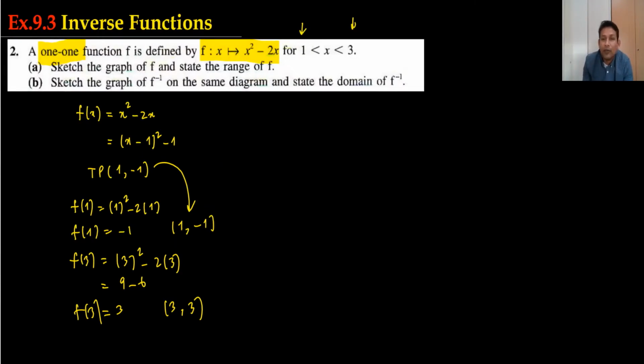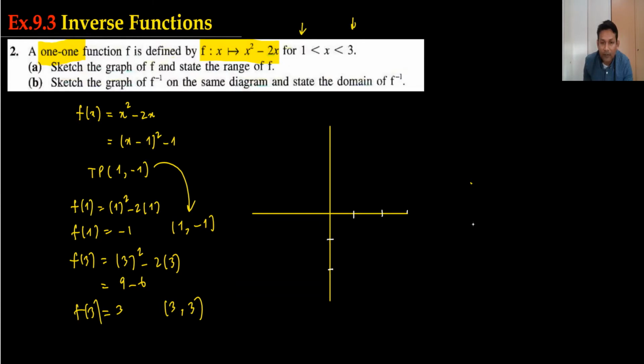Okay, I want to draw the graph, like sketch, sorry. The sketch means we do not need to plot all the points. Whatever you need. I always use the turning point, and the turning point is the same as this coordinate, so that's good. This is 1, this is 2, this is minus 1, this is minus 2, and the maximum is 3.